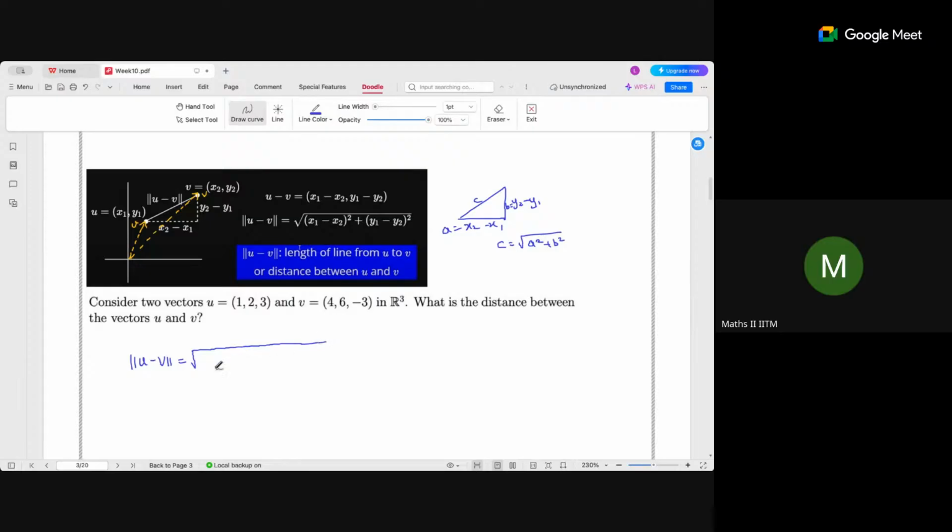Can anyone say? 1 minus 4 whole square plus 2 minus 6 whole square, plus 3 plus 3 whole square. Calculate it and tell me the final answer. Under root 61. Square root of 61.